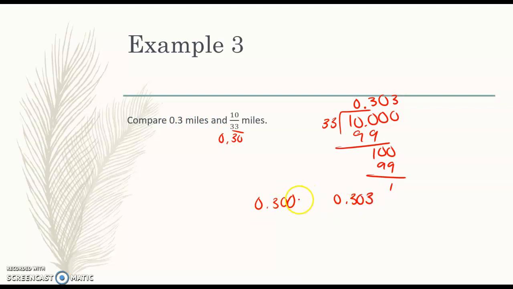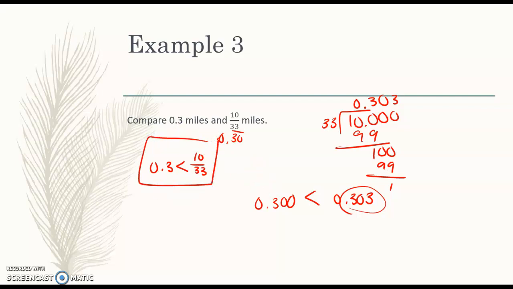And at that point, now I can say that 0.3 is less than 10/33 of a mile. And the reason is because 303 is greater than 300. And so 0.3 is less than 10/33.